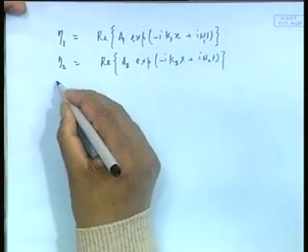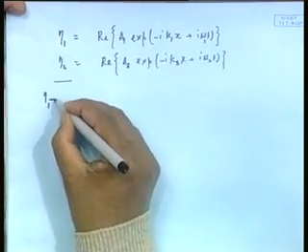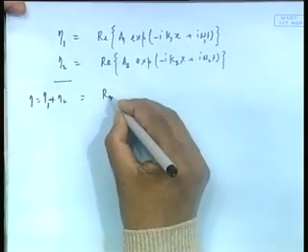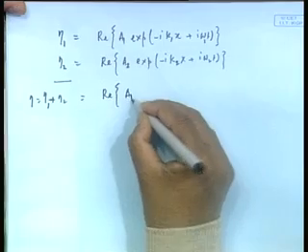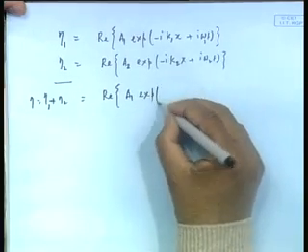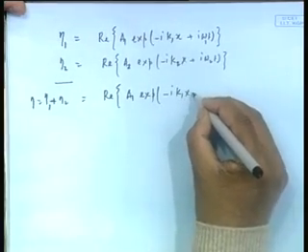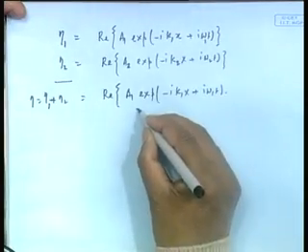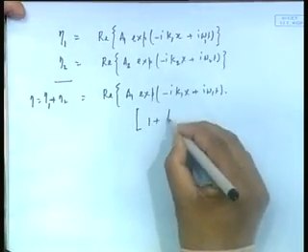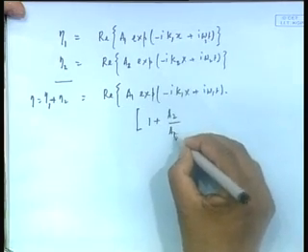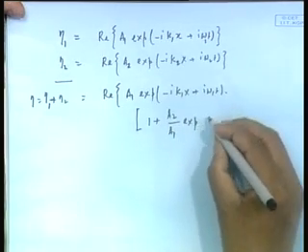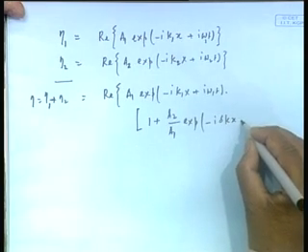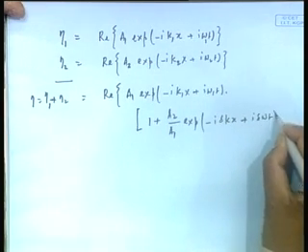Now, if you add these two up, we do some manipulation and end up getting a1 ... I will tell you what this is.